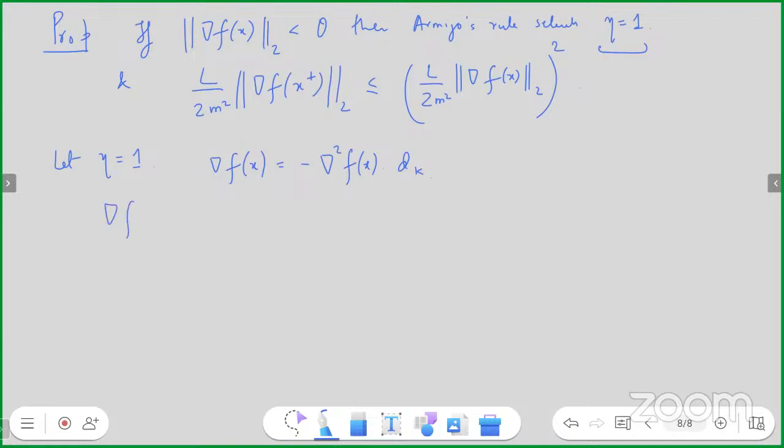So now, what is the gradient at x plus? I'm going to add and subtract del f(x) to it, and plus del f(x) substituted by this quantity.